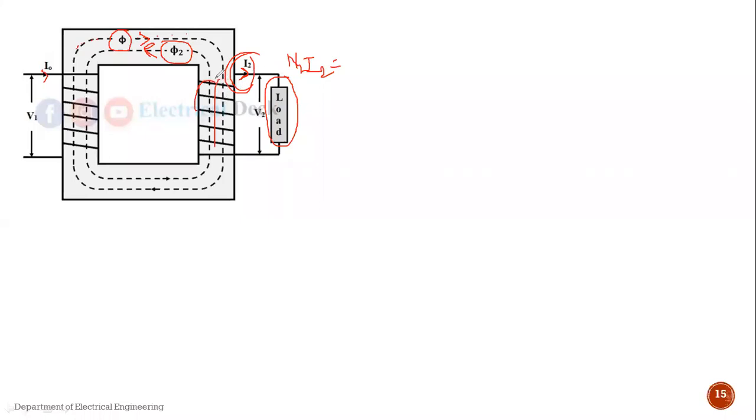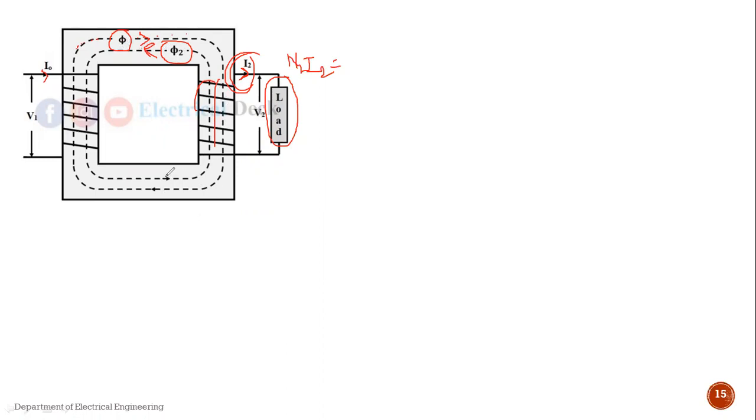This current will set up some MMF or some flux in the secondary side. This produced flux will travel in the core, but it is opposite to that of the primary flux, or the main flux. हा जो main flux phi आहे त्याला opposite.